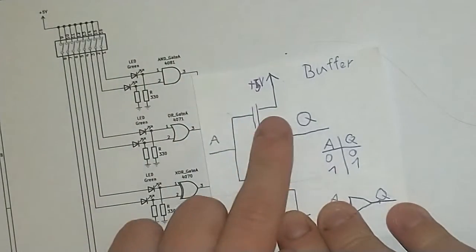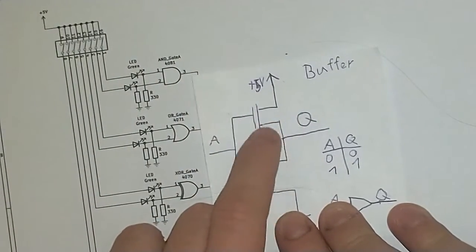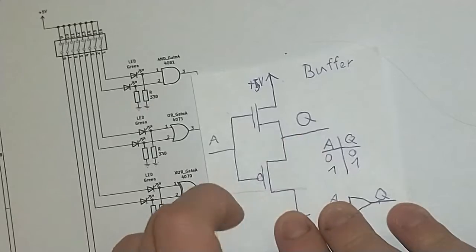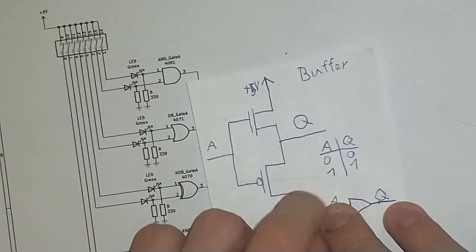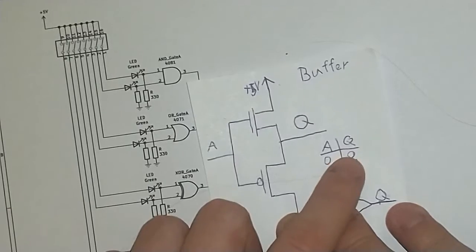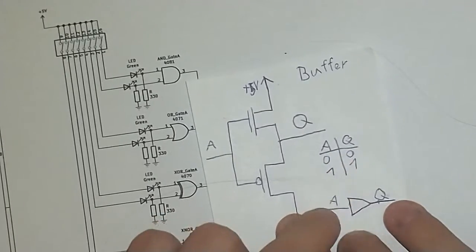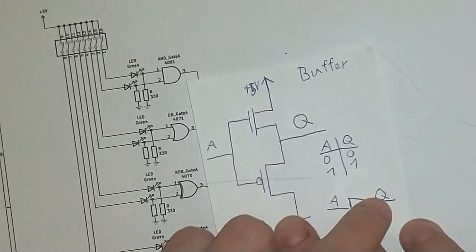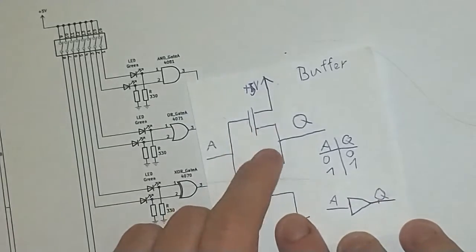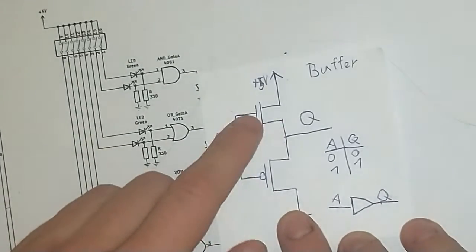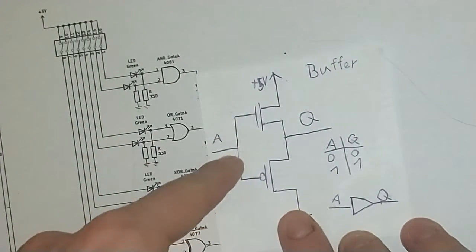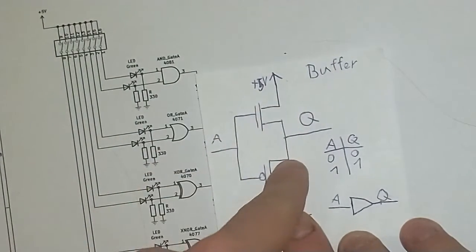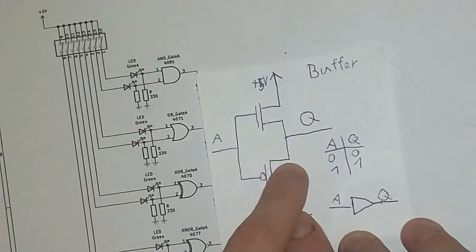So these buffers are made to handle larger currents at the same voltage, which means you just pass the input on to the output, from A to Q. If the input is 2.5 milliamps max, this can probably draw something like 200 milliamps through it.